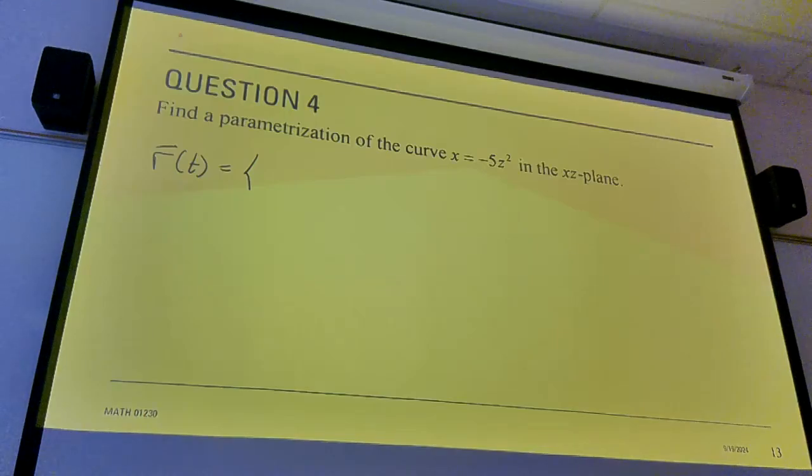Is going to be 0. Sure. Oh, no, no, I'm not, never mind. Because y is anything, right? Negative 5z squared, comma, 0, comma, square root of x over negative 5.